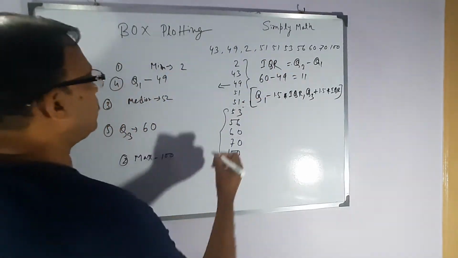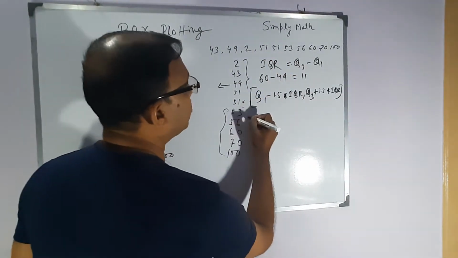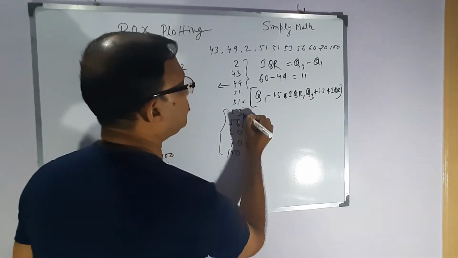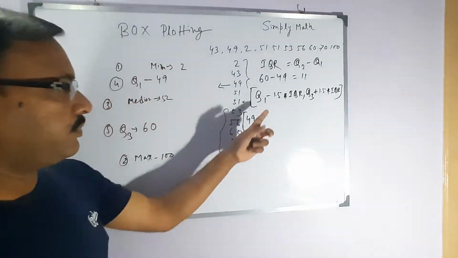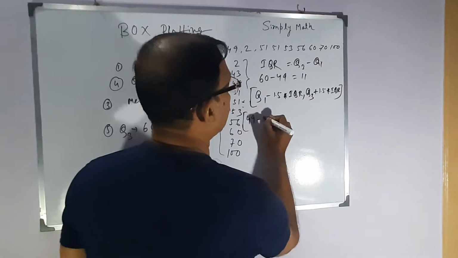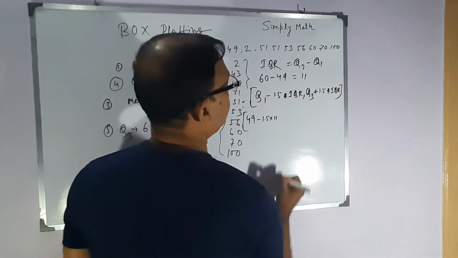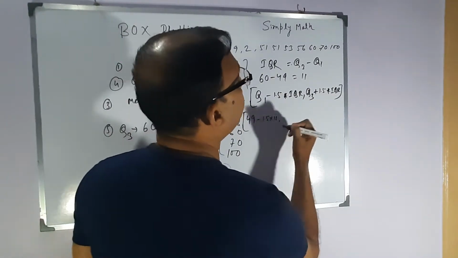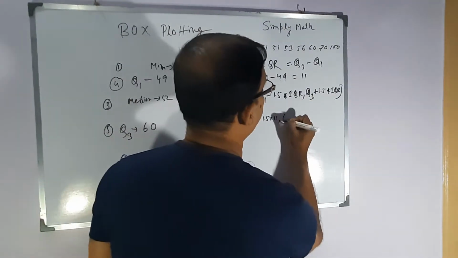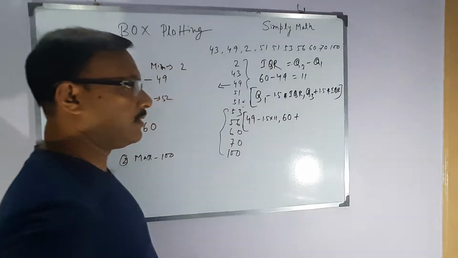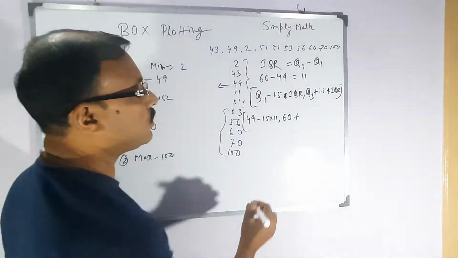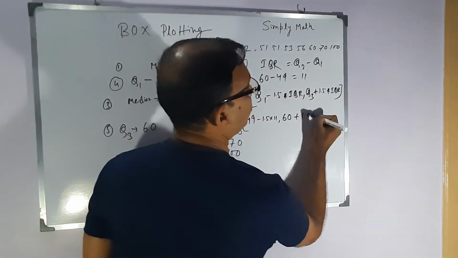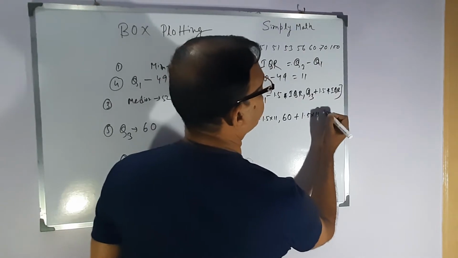What will be the value? Q1 is 49, right? So Q1 value is 49 minus 1.5 into 11, my IQR is 11, and Q3 is 60 plus 1.5 into IQR 11.